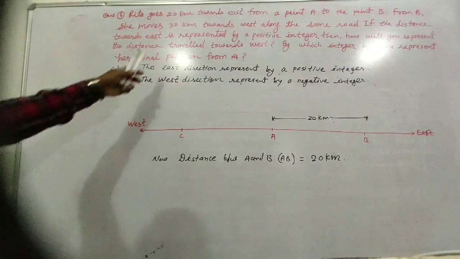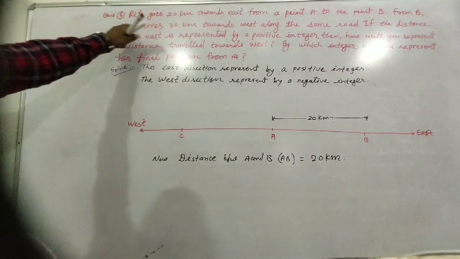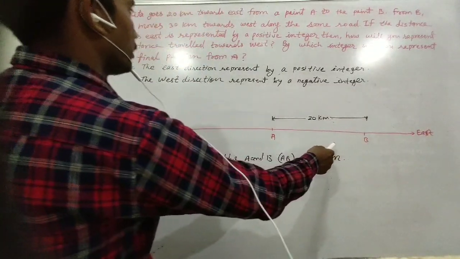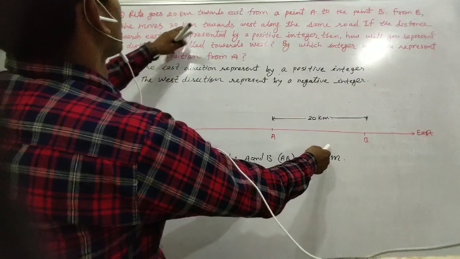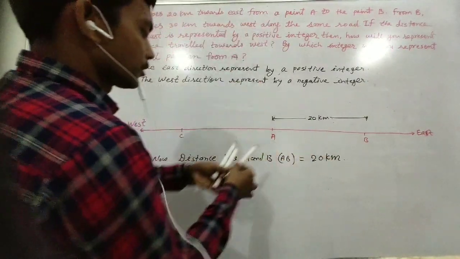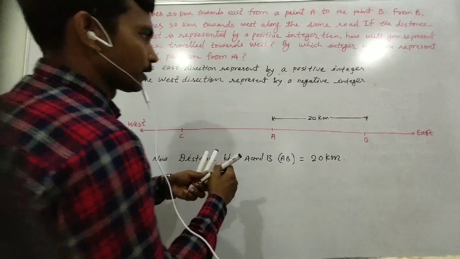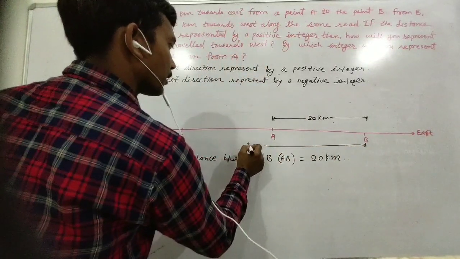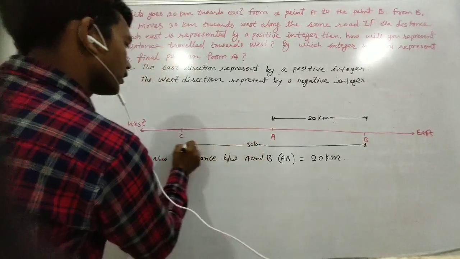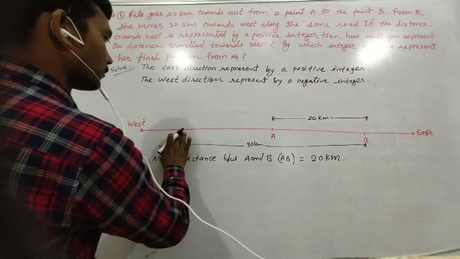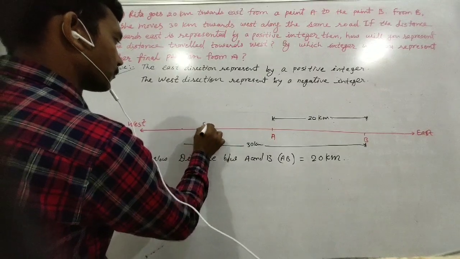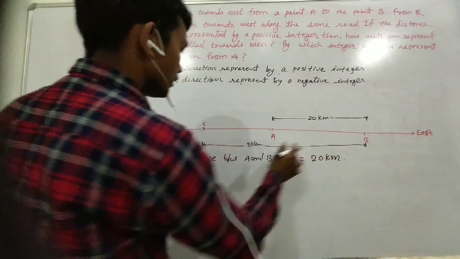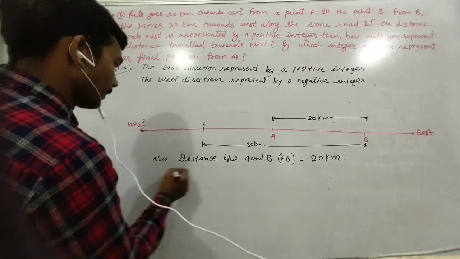Next, from B, she moves 30 kilometers towards west along the same road, to point C. This is the 30 kilometer distance.